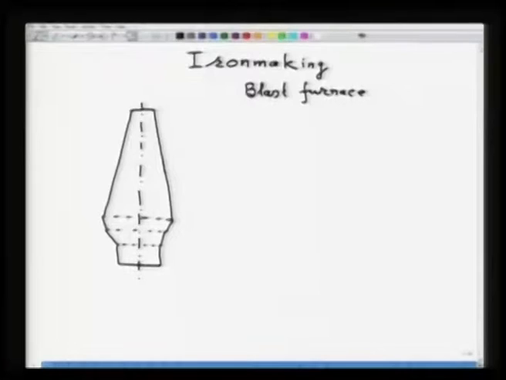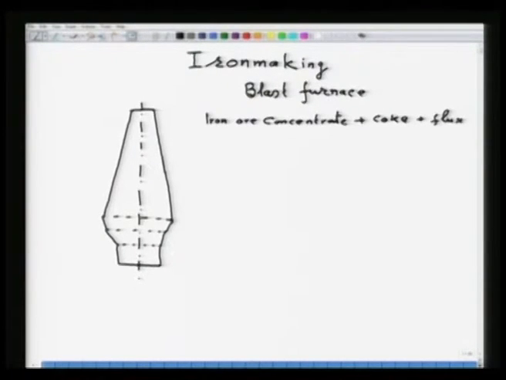So, in iron making, iron ore concentrate plus coke plus flux plus air results in hot metal plus slag plus gases.